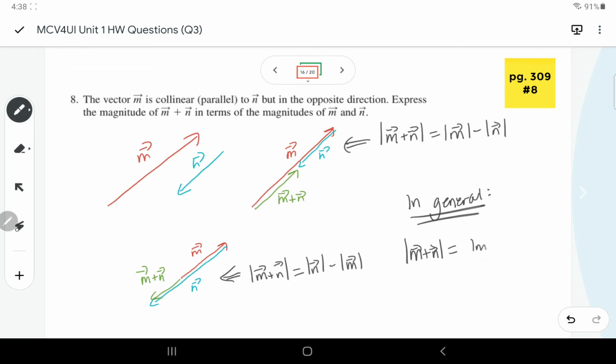So the magnitude of m minus the magnitude of n, but we're going to want to take the absolute value. So just the positive difference between those two lengths. So that's always positive. Okay.